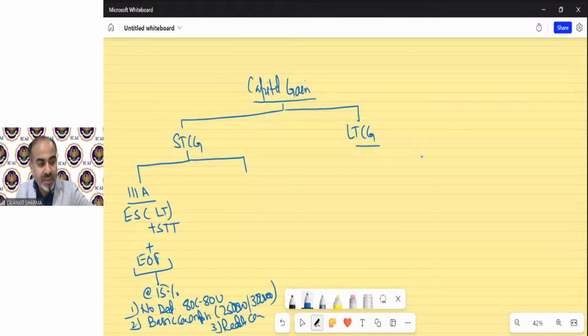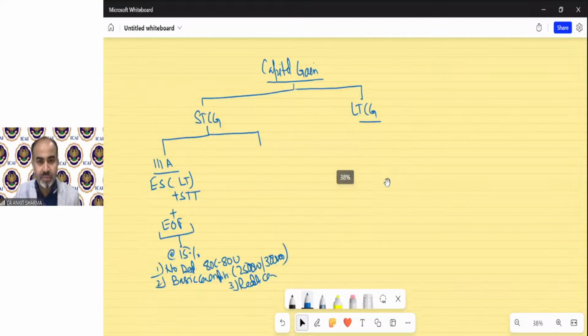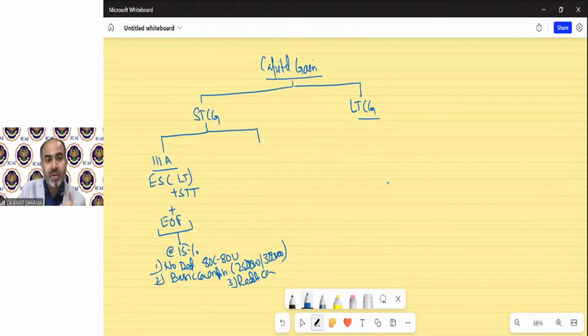So these are special provisions for short-term capital gain. The taxability rate is 15%. No deduction, basic exemption can be claimed, rebate can be claimed. Clear? If it is any other short-term capital gain, except these, it is going to be taxed as per the person's slab rate, what we call slab rate, like 5%, 10% sort of.